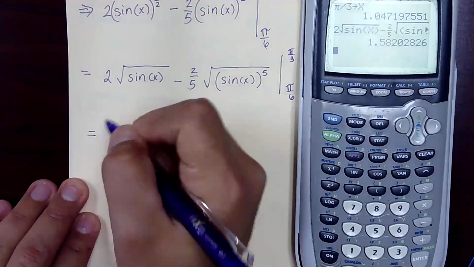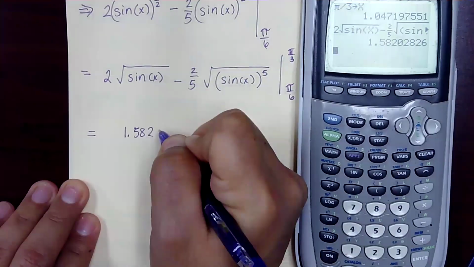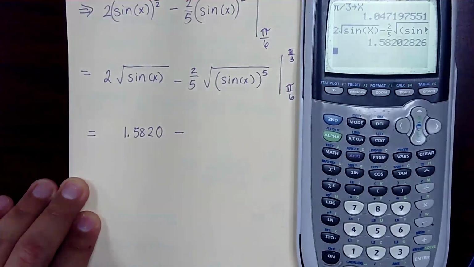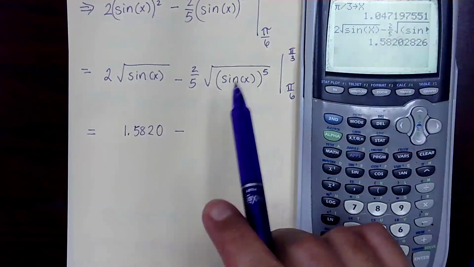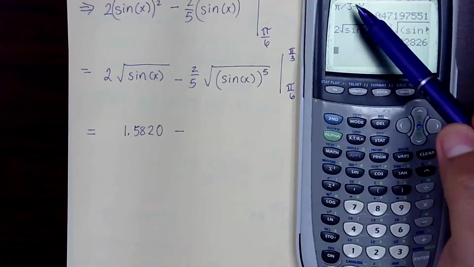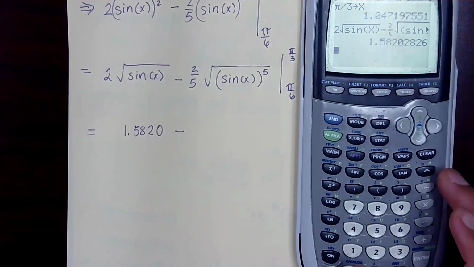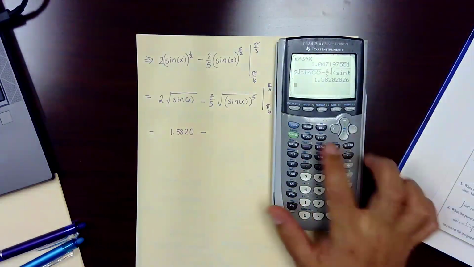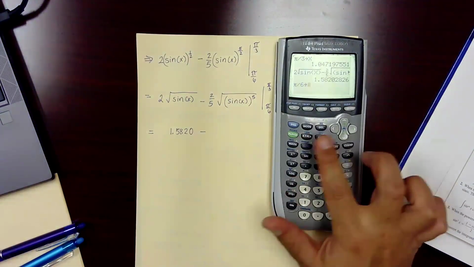So we'll have 1.582. I'm going to go out to 4 digits there, minus, and then we'll go ahead and store pi over 6 as x, and then do this whole thing again. So the nice thing about using the calculator this way is that now we can say, okay, pi divided by 6 is going to be stored as x.